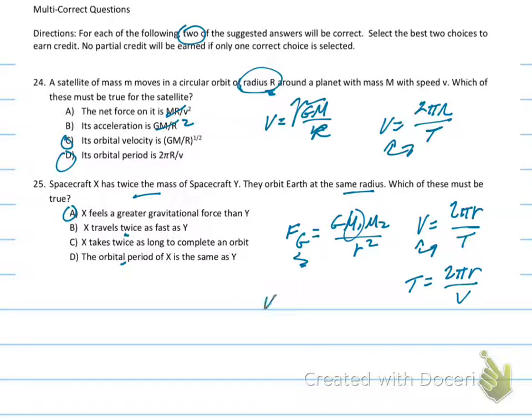And we know that orbital velocity equals the square root of little g times r, and we know that we're at the same radius, same g, which would mean the velocity would be the same, so the orbital period has to be the same.